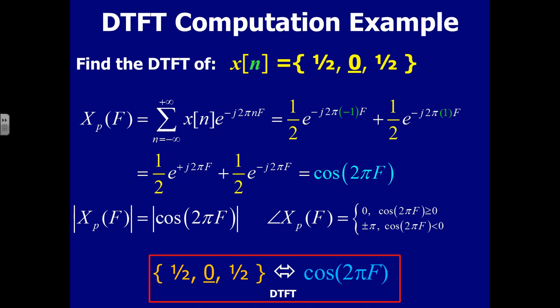The phase function should be an odd symmetric function around f equals 0. And so if we chose, for example, to use minus pi phase for positive frequencies where the cosine function goes negative, technically we would have to use a plus pi phase for negative frequencies where the cosine goes below 0. But that's a detail we can get into as we go further along.